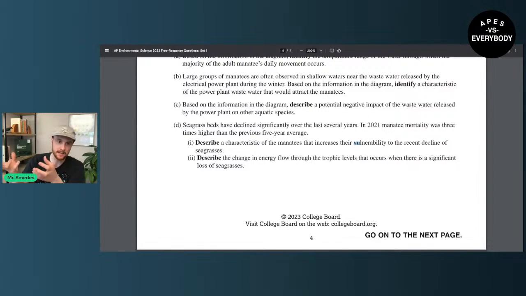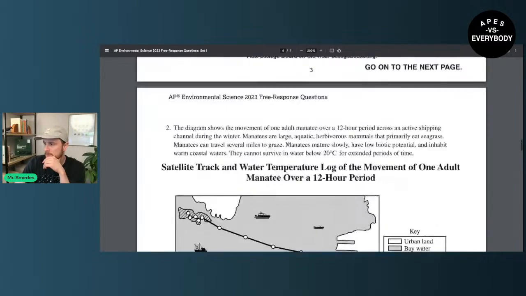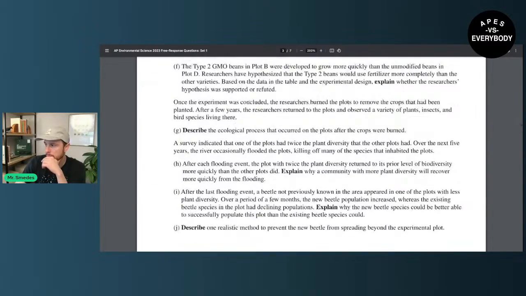And by saying those pieces, you're really showing the reader, hey, I'm linking how energy is not flowing anymore from the seagrass to this other layer of the trophic level that I am talking about in my answer. So you're using some of the words in the prompt to link back to it, but you're not just quoting. You're not saying the change in energy flow through the trophic level that occurs with no seagrass left is that, which is just such a waste of time. So just do not do that. Let's do one more example.